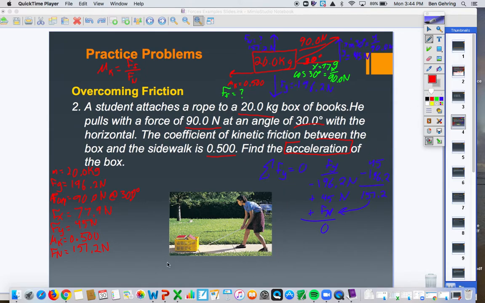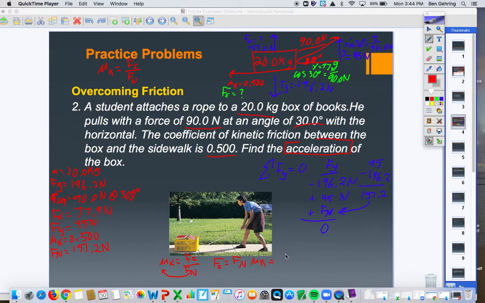So I can take mu sub k equaling my frictional force over my normal force, and I can move this across so I can get my frictional force equal to my normal force times my coefficient of kinetic friction.